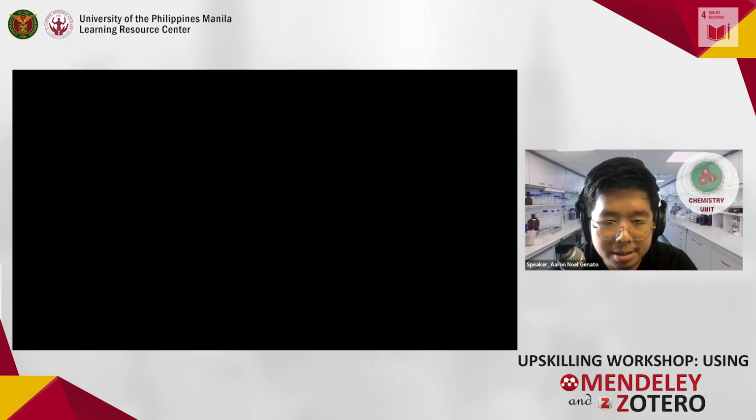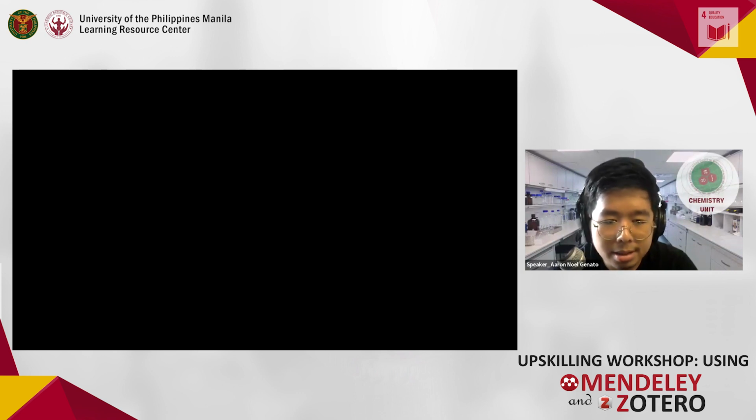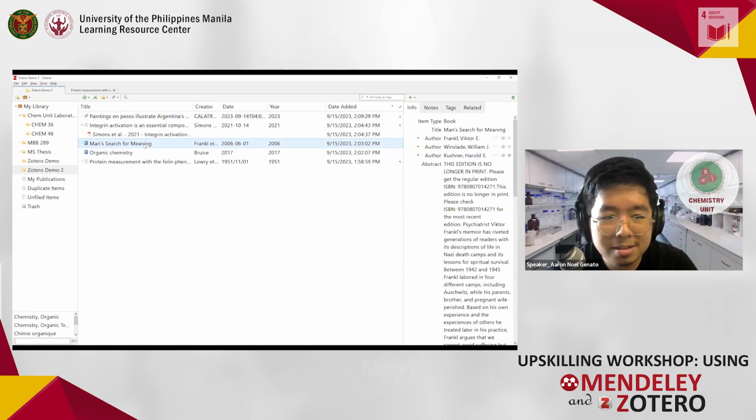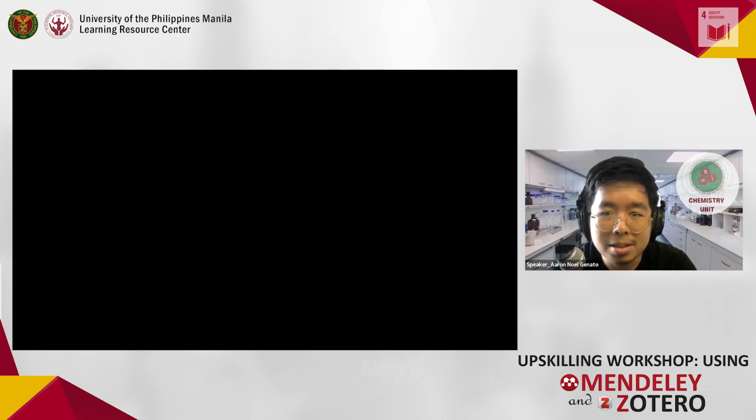I'll share my screen back sa Word. Sige, wait lang. I'll share na lang sa Zotero. And then what I'll do is I will try to remove itong Man's Search for Meaning and then move item to trash. Okay. Now let's see what happens when we go back to the document.